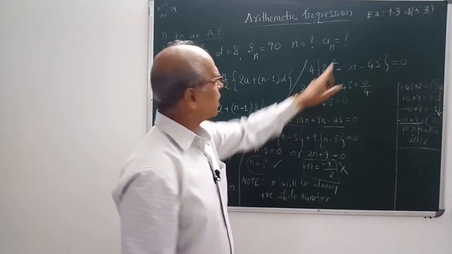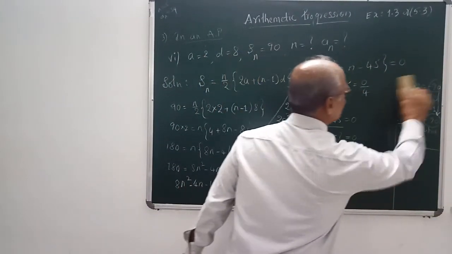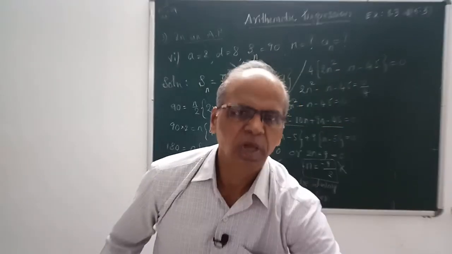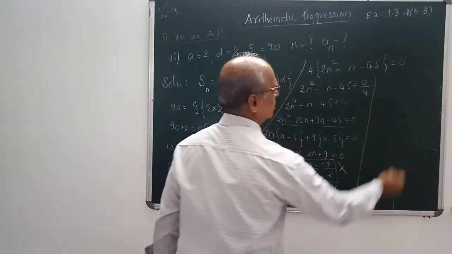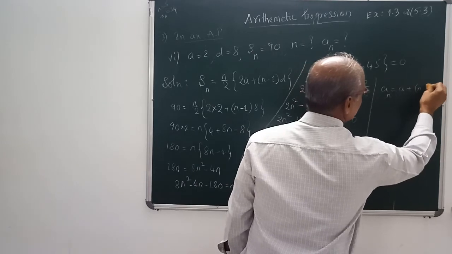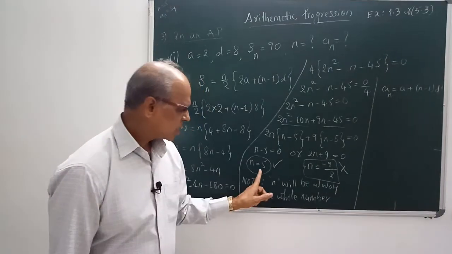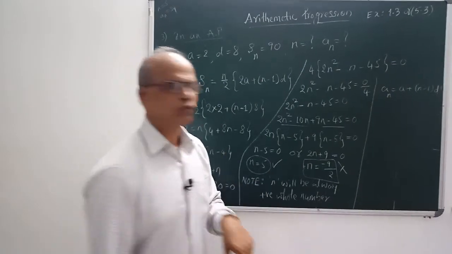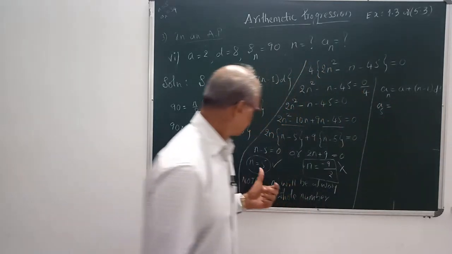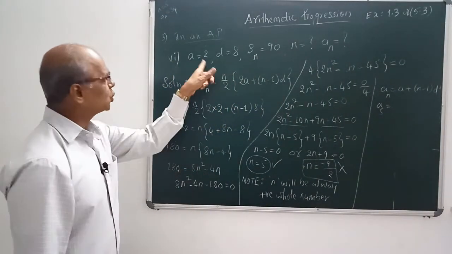Now, what we have to find out? An we have to find out. What I do here? I'll rub this and find out An. An is equal to a plus n minus 1 d. An means 5 terms are there, a5 we have to find. That means a5 is equal to, because n is 5, a plus n minus 1 d. a is how much? 2.